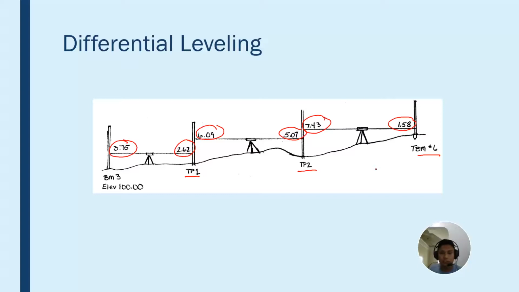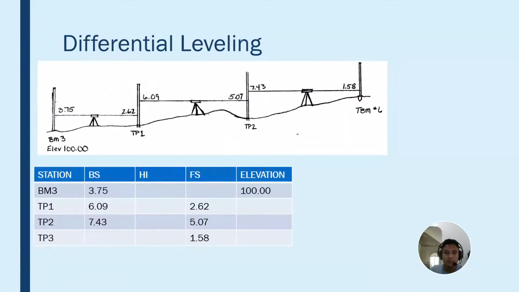So all we need to do is to put that on a table. So this is our table for each station that has the data for backside and foresight. We have a given elevation for benchmark number 3 of 100 meters.